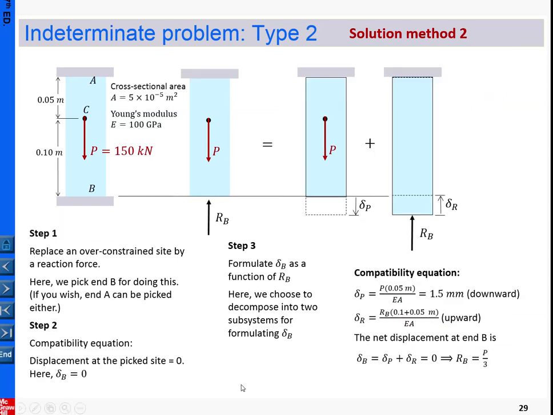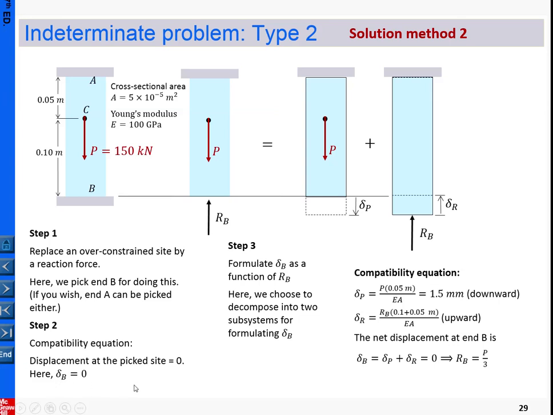The second approach is what I prefer. Here we have two constraints, and you simply pick one. Here I pick B, and you replace the constraint at B by a reaction, as well as you set a requirement that the deformation at B equal to 0.